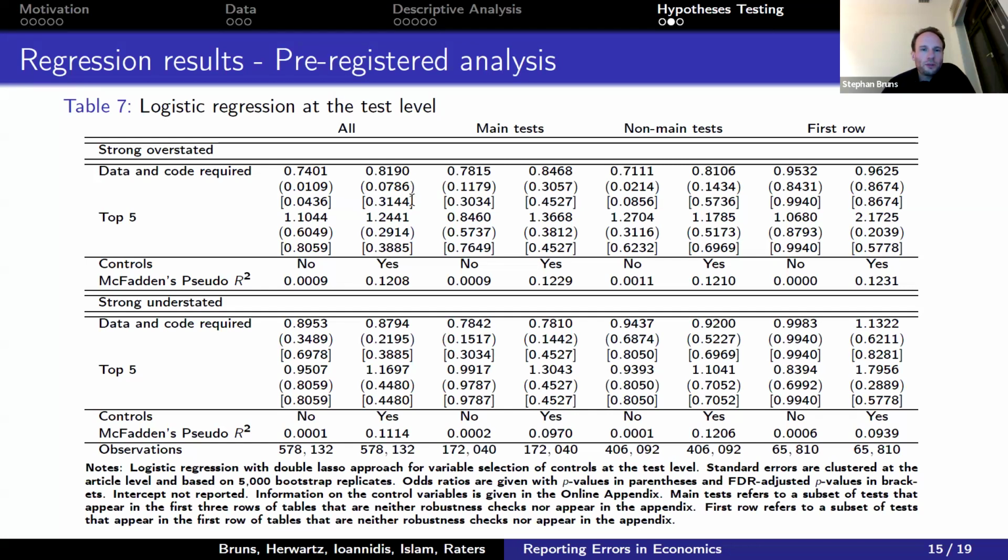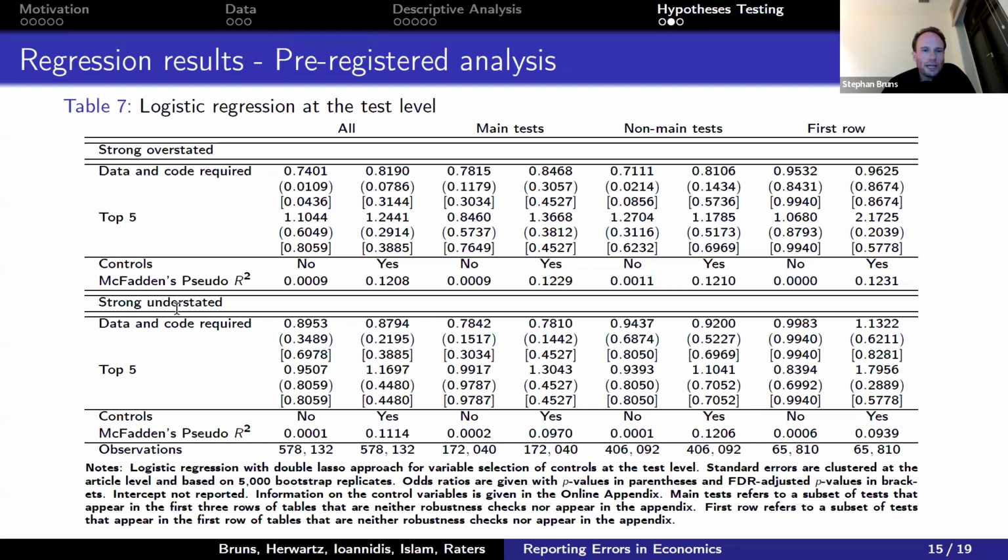Then we correct for multiple hypothesis testing with a false discovery rate, which is reported in brackets. The difference between these 2 models is that the first one has no controls and the second one has controls. So in the second model, once corrected for multiple hypothesis testing, it's not significant.